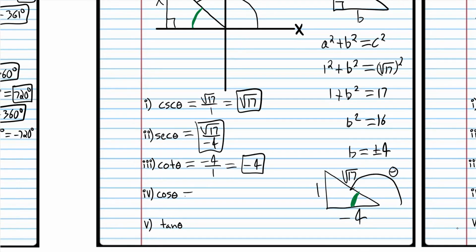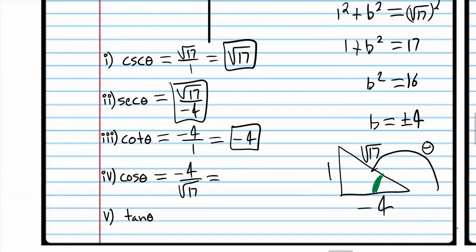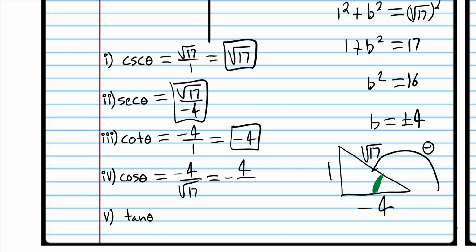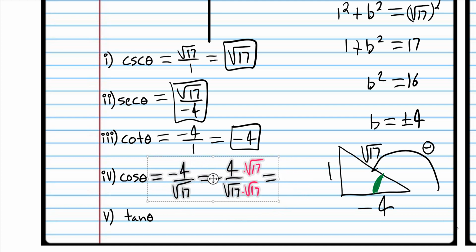And cosine theta is the side adjacent to the green reference angle divided by the hypotenuse. And of course we have to rationalize that, so we can multiply by root 17. We're out of room, but the final answer is going to be negative 4 root 17 over 17.